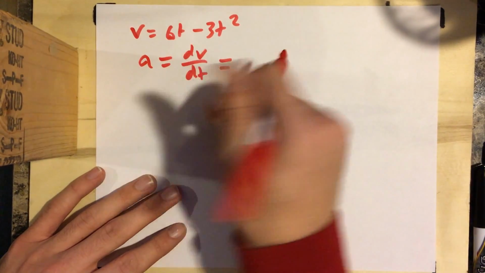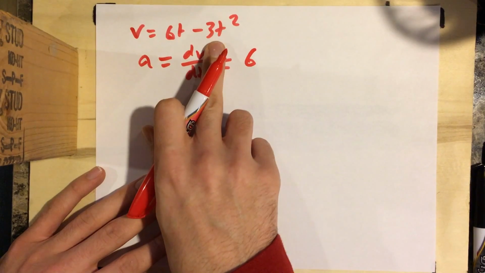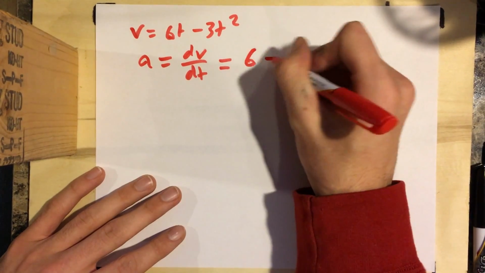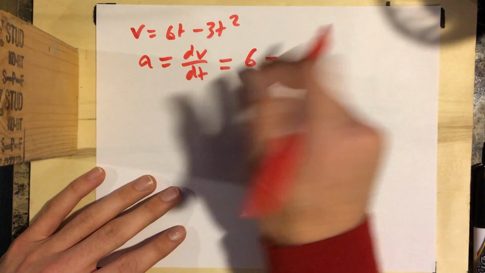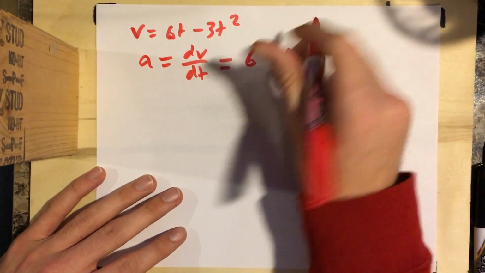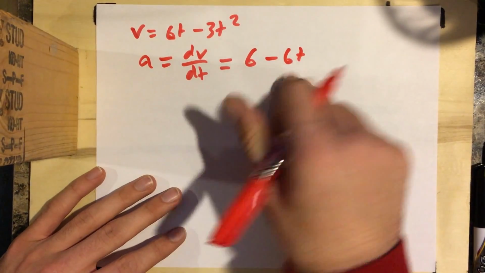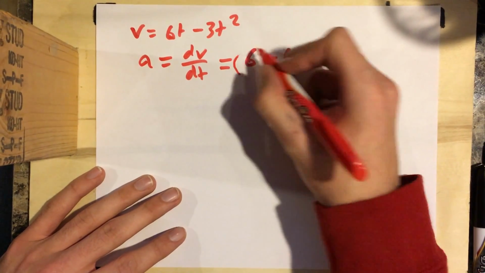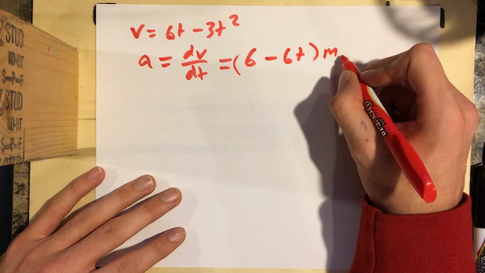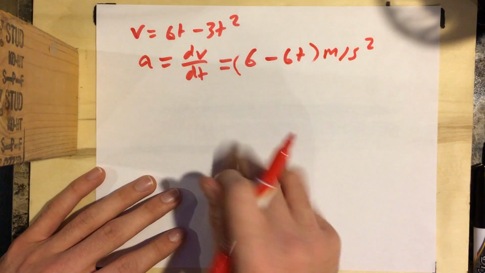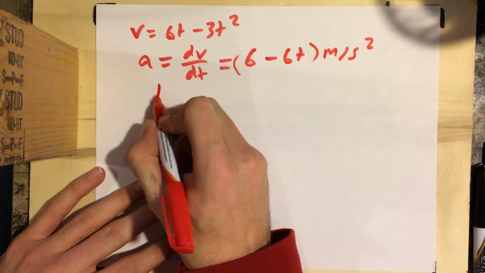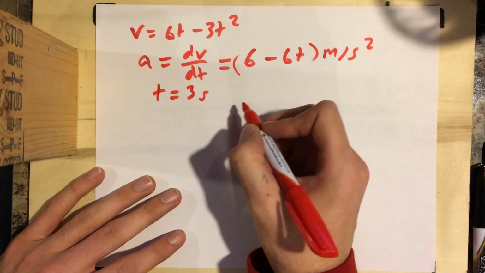Now the derivative of 6t is 6, and then to take this derivative, it's minus, lower the power, so 6t, because 2 times 3 is 6, 6t. So that's the acceleration, and it would technically be in meters per second squared. And we want to know the acceleration at t equal to 3 seconds.